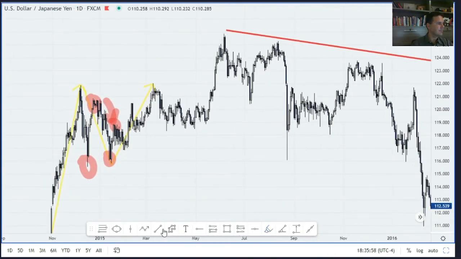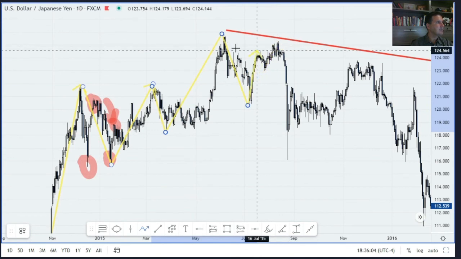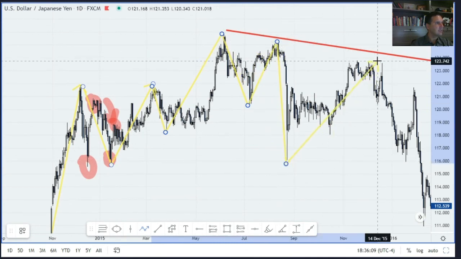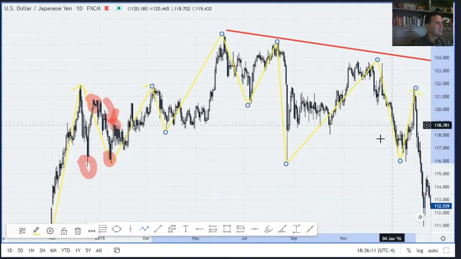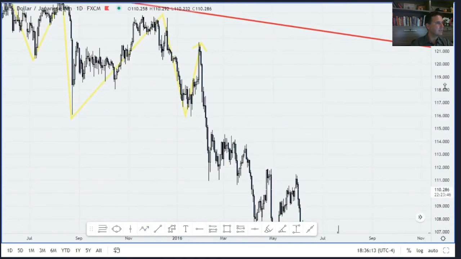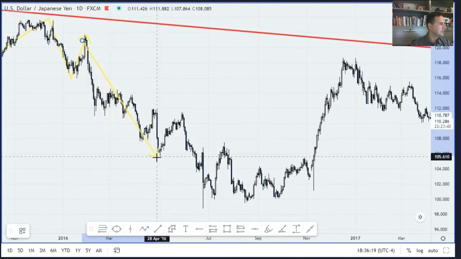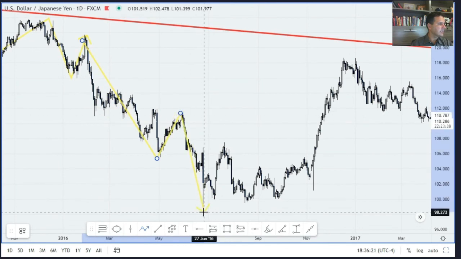So, market wave. Extension, retracement, extension, retracement. And then it reversed, see? Extension, retracement, extension, retracement. Then we have a down market wave. Extension, retracement, extension.